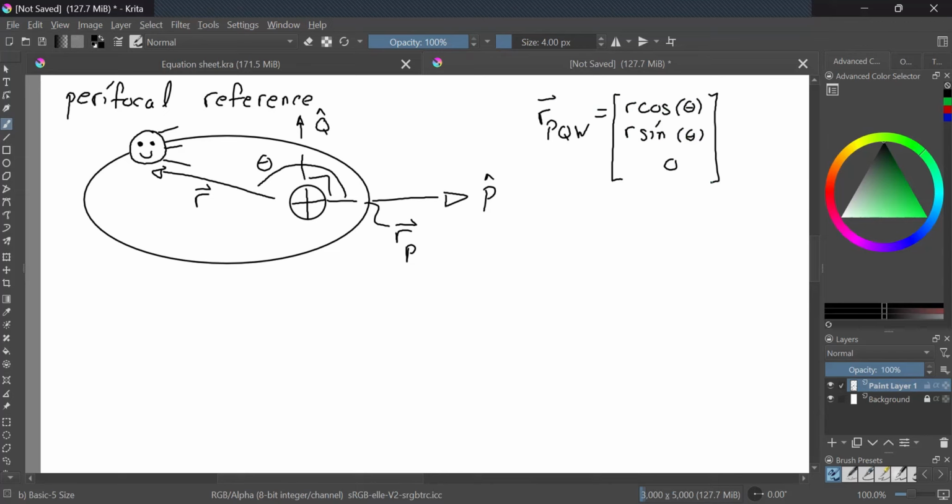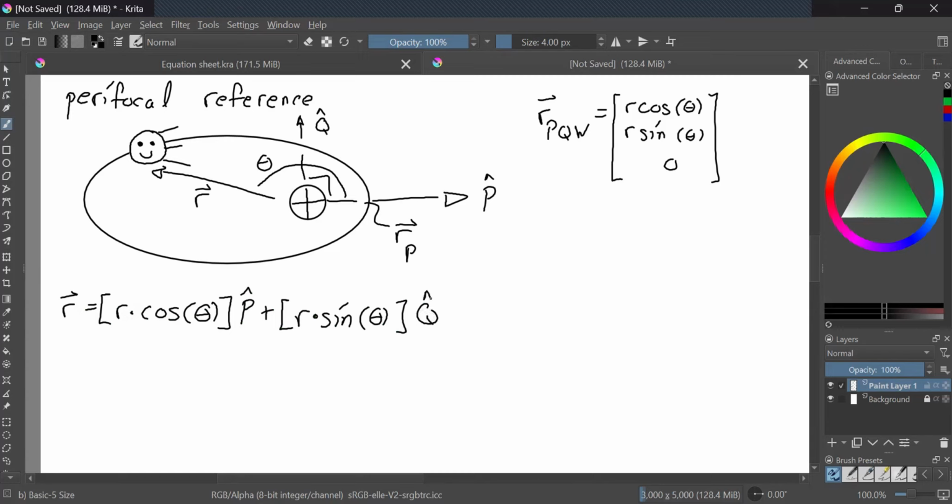But then to have it all on a single line, which is how I'm going to be dealing with it, really, that is going to be r times the cosine of theta in the p direction plus r times the sine of theta in the q direction.